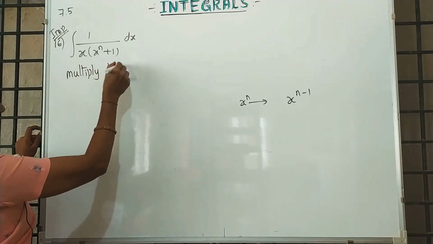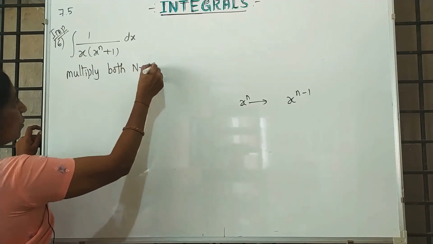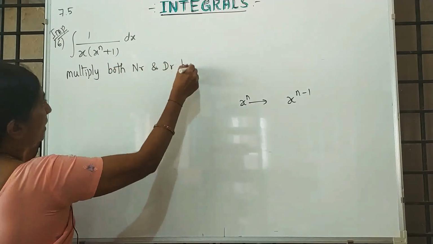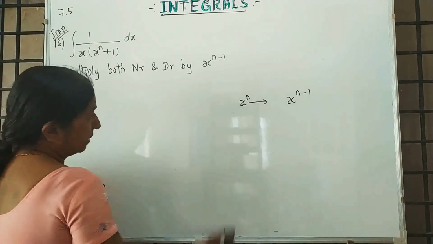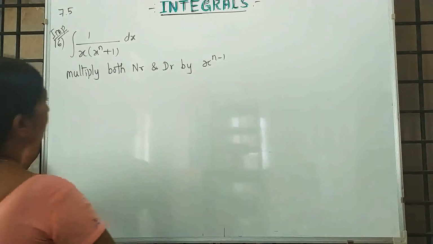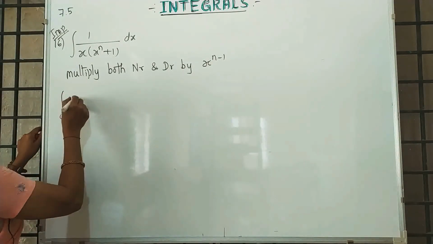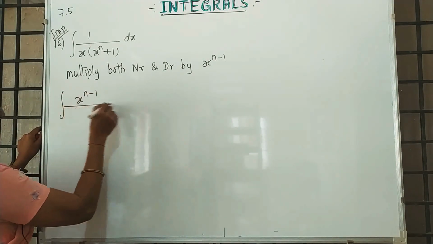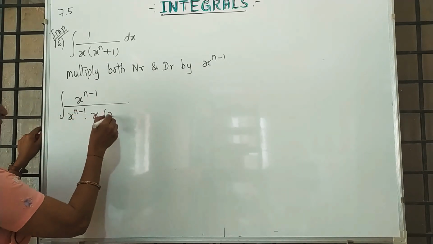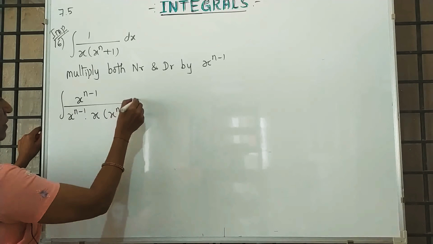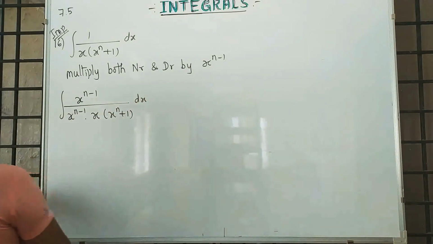Multiply both numerator and denominator by x raised to n minus 1, one term less. It is x raised to n minus 1 upon x raised to n minus 1 into x, in the bracket x raised to n plus 1, into dx.